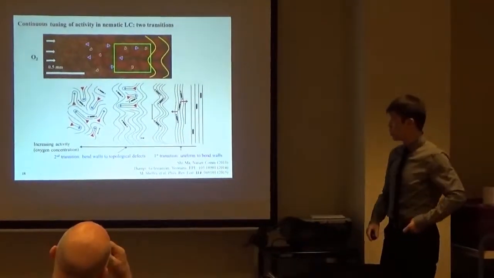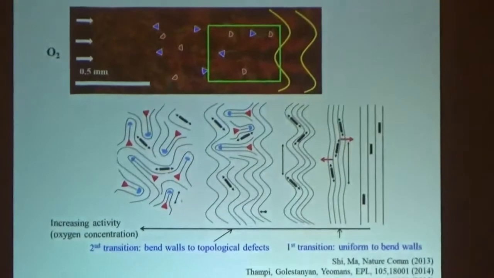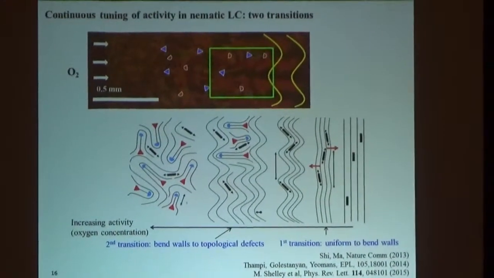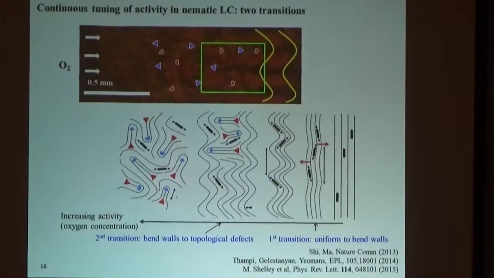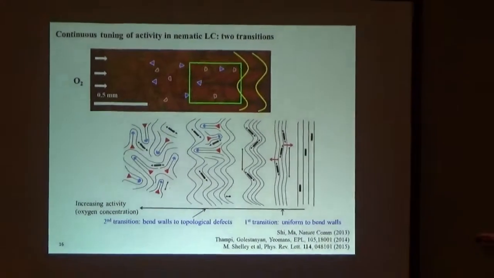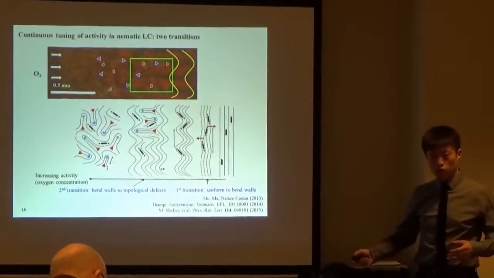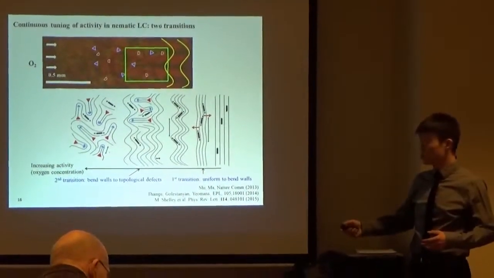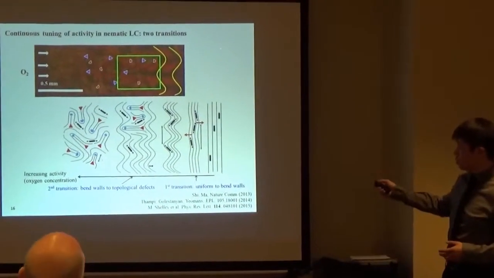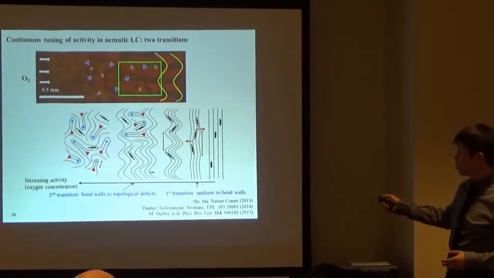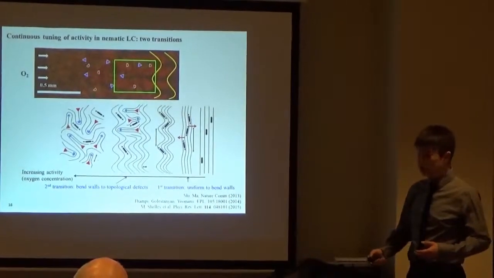We can further increase the richness of the system by putting more bacteria here. Then this oxygen gradient in the sample gives us a continuous tuning of the activity in such a system, so that you can see the system go from a uniform state, not shown here, to a fully developed active state.